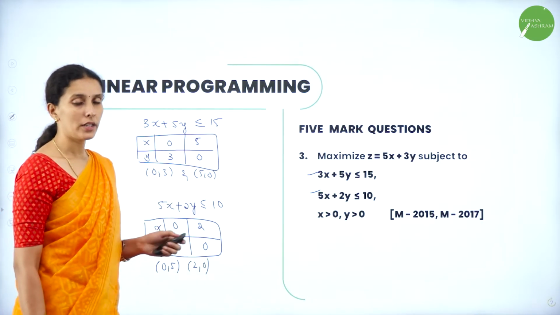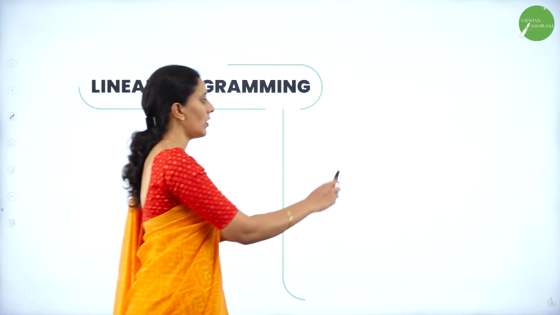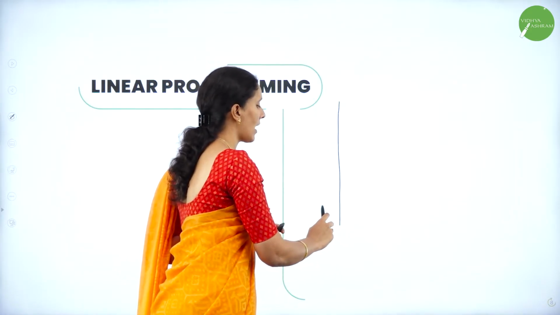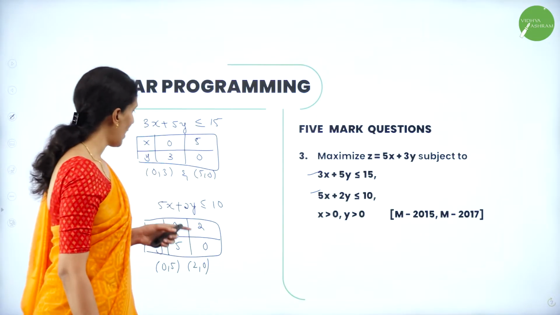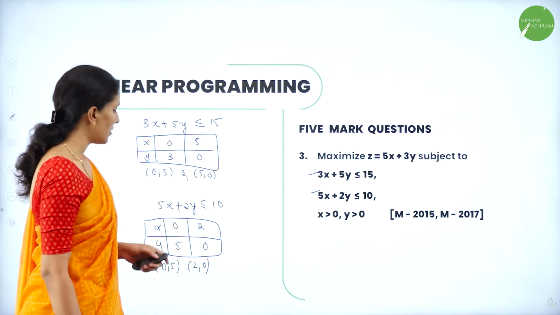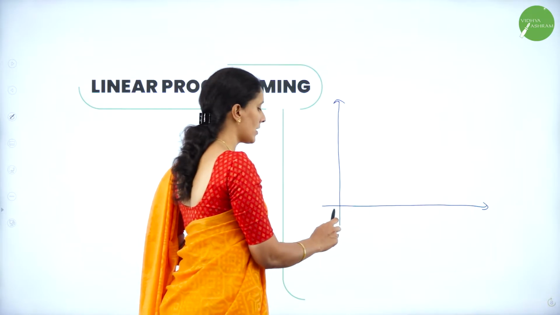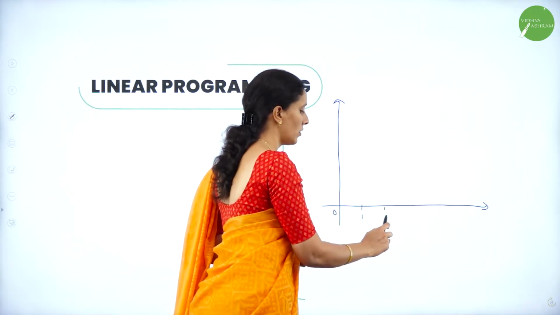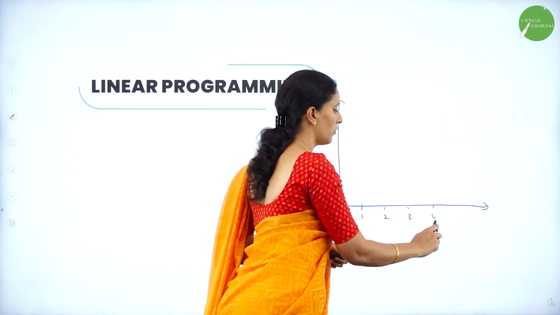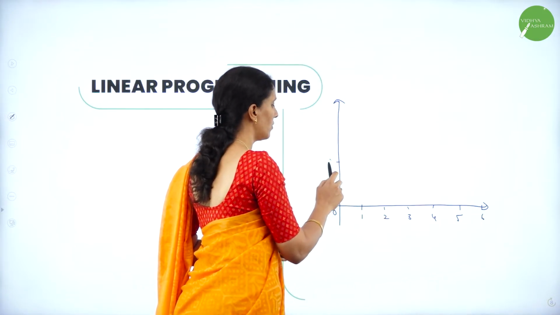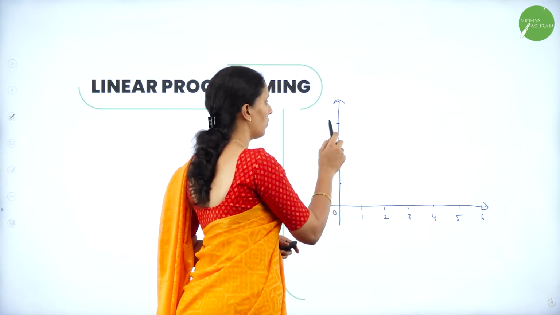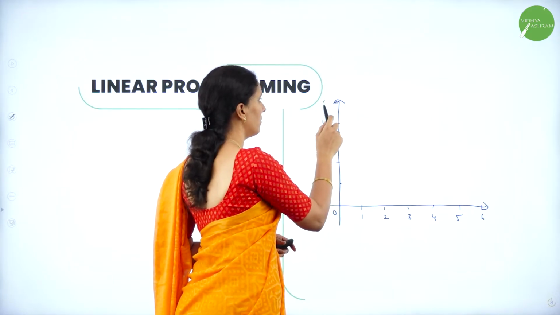Now let us plot this in coordinate axis. So let us take x axis and y axis here. Look at the maximum value you have, that is 5. So let's take it as 0, 1, 2, 3, 4, 5, 6. Here it is again 1, 2, 3, 4, 5.